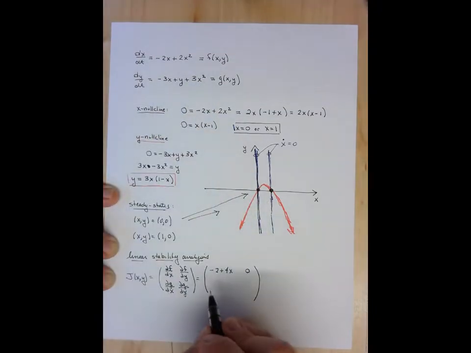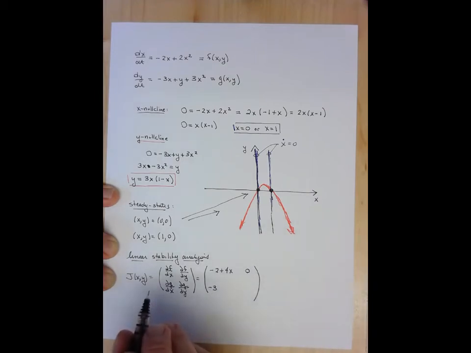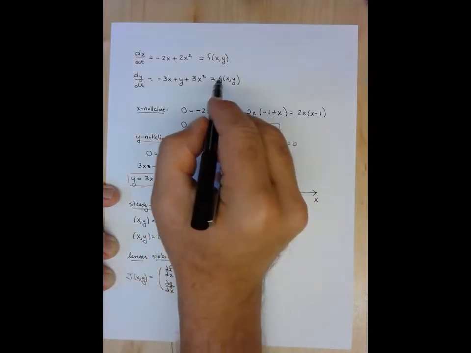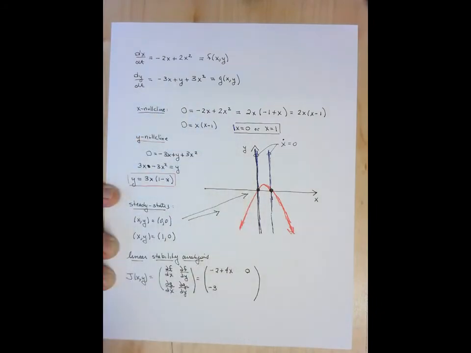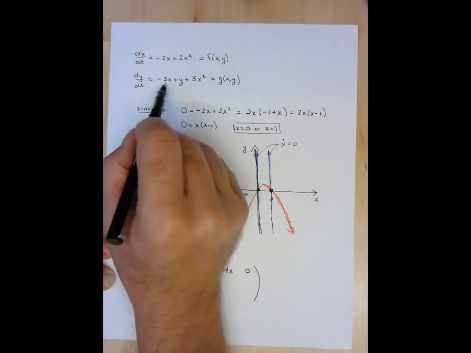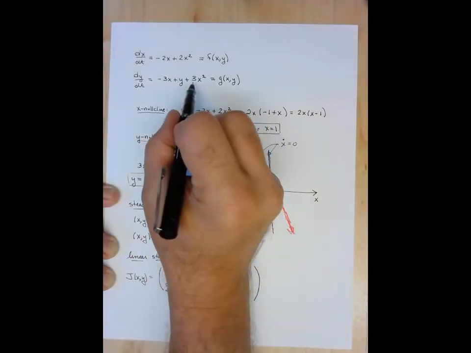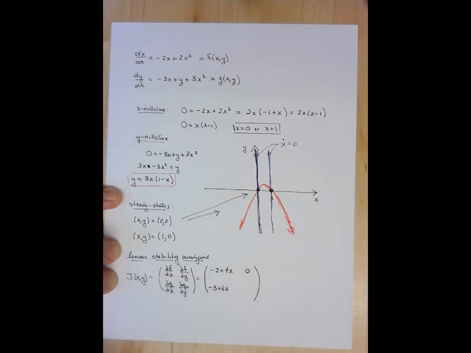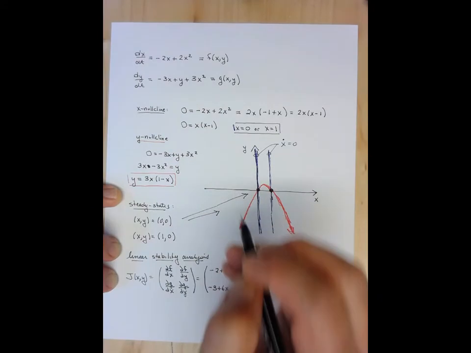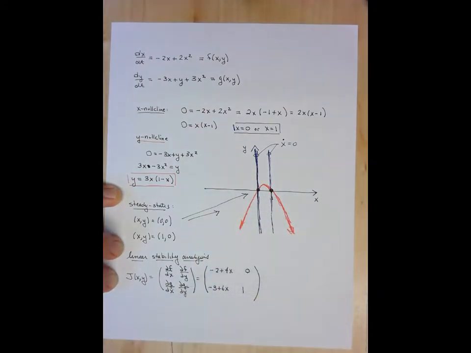The derivative of that function with respect to x is minus 3 plus 6x. When we take the derivative with respect to x, thinking of y as a constant, the y gives 0, and the 3x squared term will yield 6x. The partial derivative of g with respect to y is just positive 1.